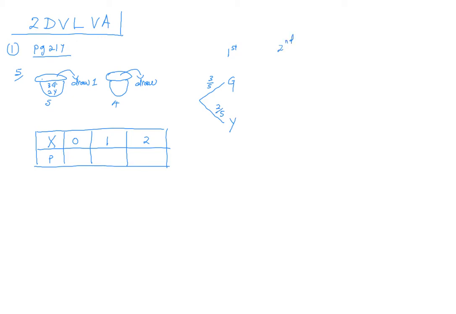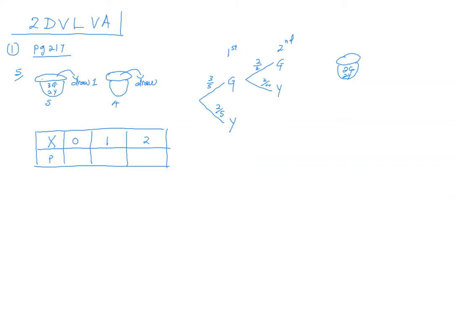If the first one I got green, how many green do I have left inside? 2 green. Yes. And 2 yellow. Am I right? So the probability will be 2 out of 4. Yellow, also 2 out of 4.